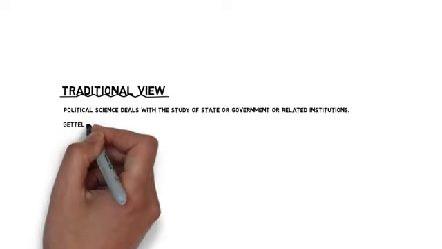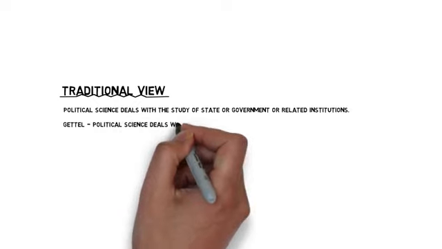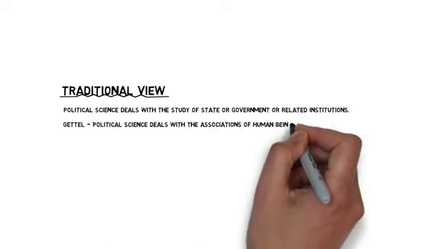Moving on, according to Gettell, political science deals with the association of human beings that form a political unit. Again, a very important traditional view: Gettell says that political science deals with the association of human beings who have created certain associations, and these associations have in a way formed political units, and therefore these political units represent the association of human beings in society.